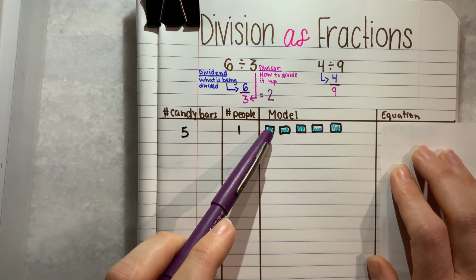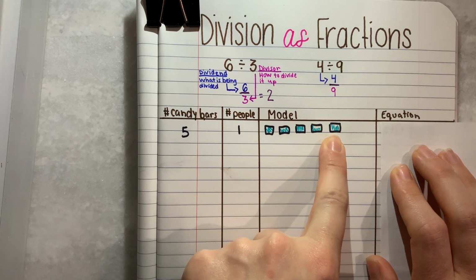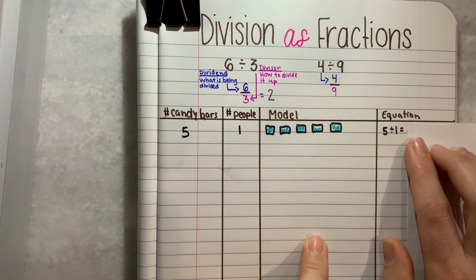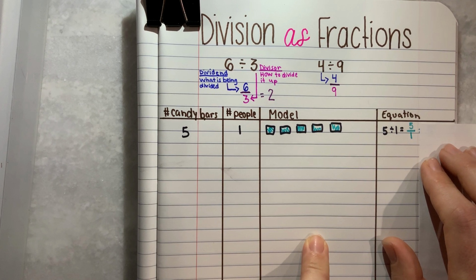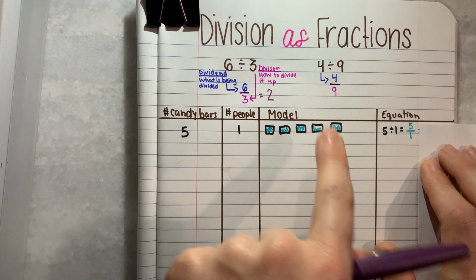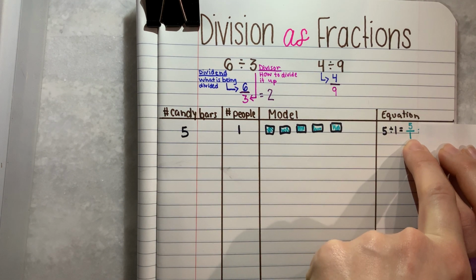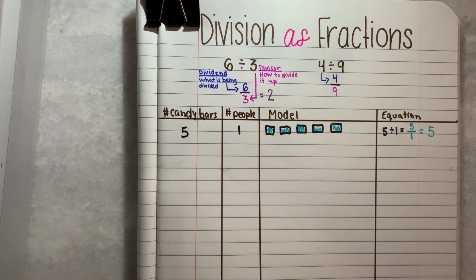The blue is representing one person and that person gets all of them. So our equation would be 5 divided by 1. If we write that as a fraction like we had done here, our numerator is 5 and we're dividing by 1. So 5 over 1, and that does equal 5.